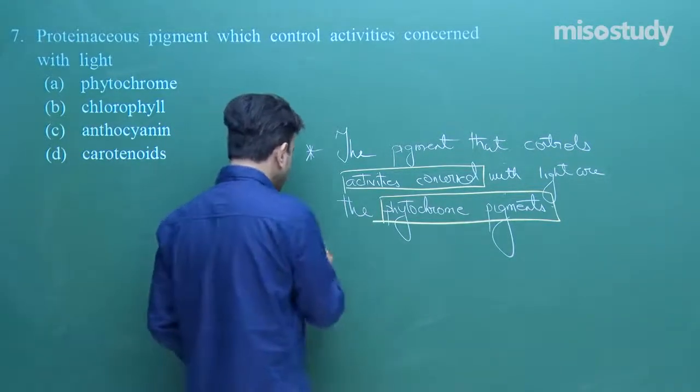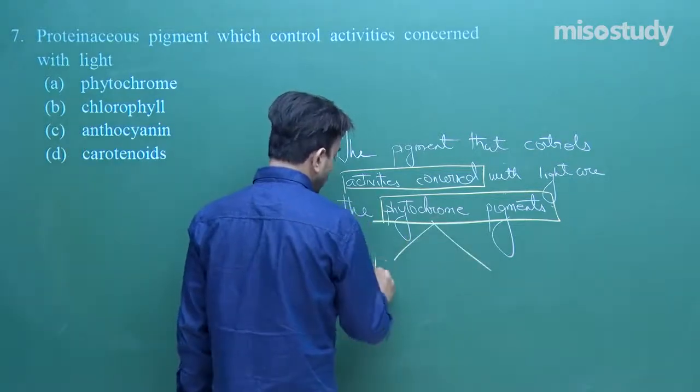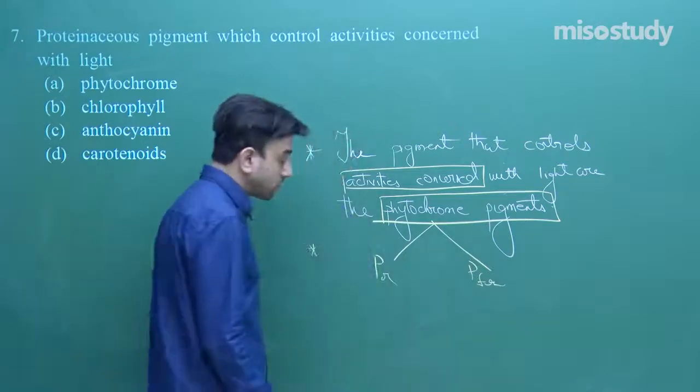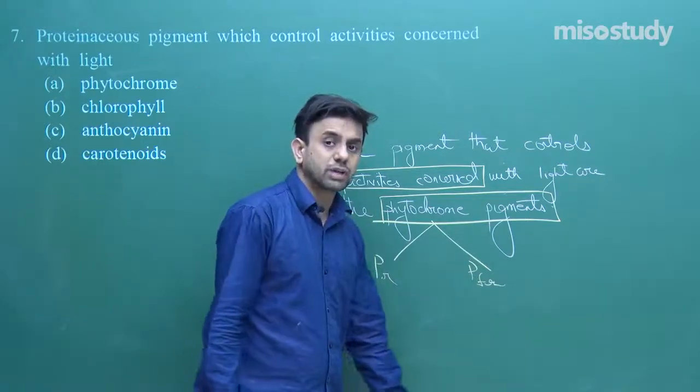Now the phytochrome pigments are of two types, as I told you, PR and PFR, where P stands for phytochrome and R and FR stand for the wavelength.